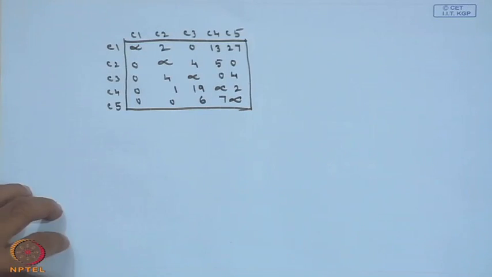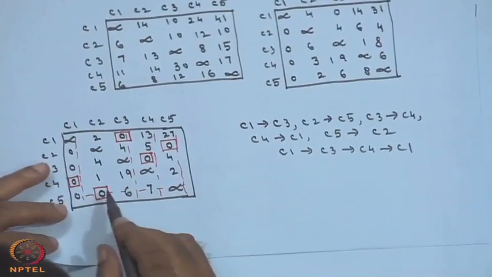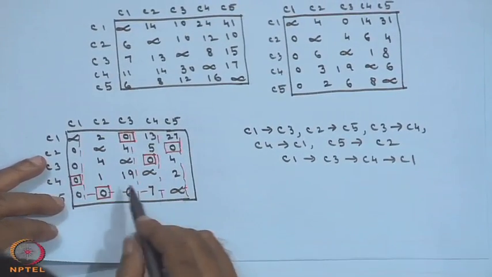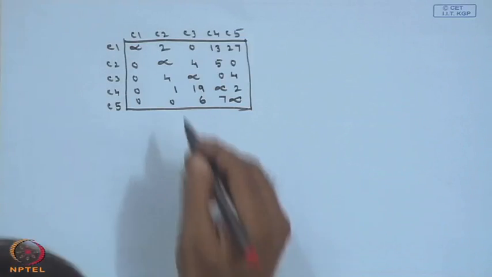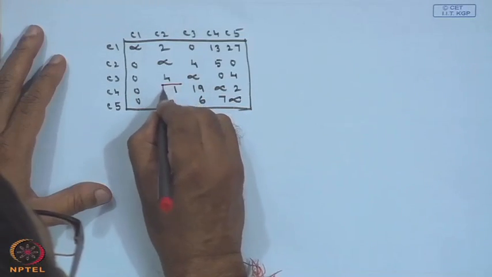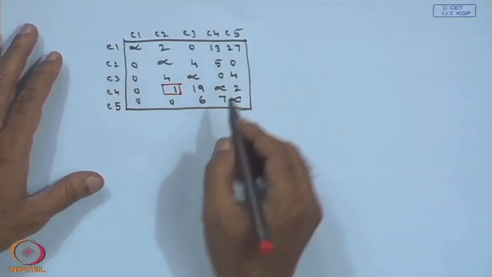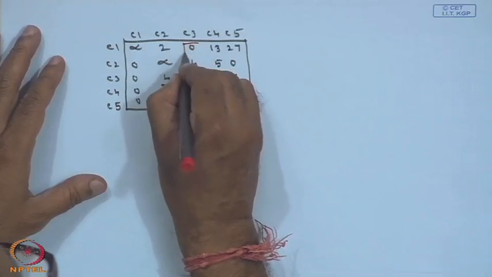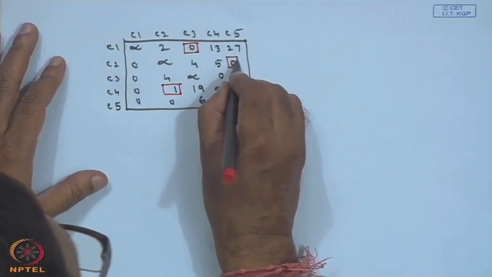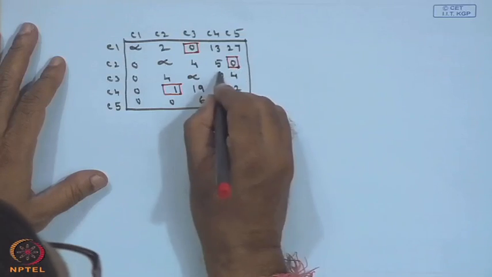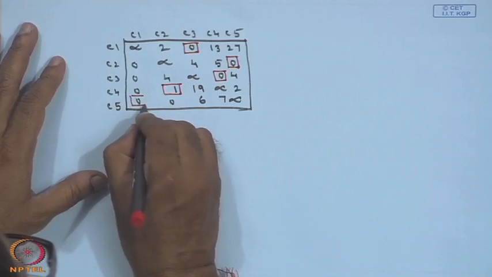On this, for the elements which were not covered by the lines, the lowest element is 1. So according to the theory, I first allot this one, then you start allotting the others. That part I can do obviously like this: one will be this, for C 3 it will come here, and for C 5 it will come to this.